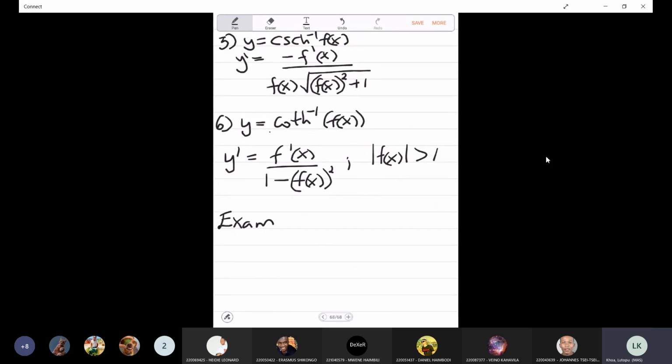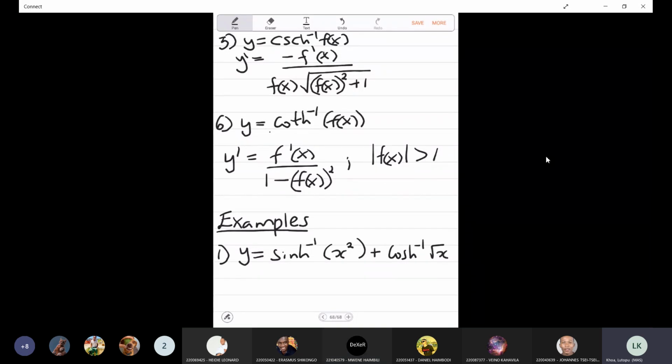Okay, so now we look at some examples of working out these derivatives that involve arc hyperbolic functions. So for the first one, we have y is equal to hyperbolic sine inverse of x squared plus hyperbolic cosh inverse of the square root of x.